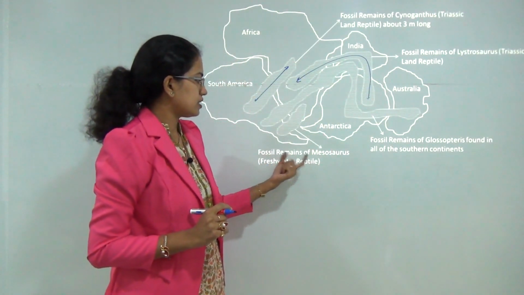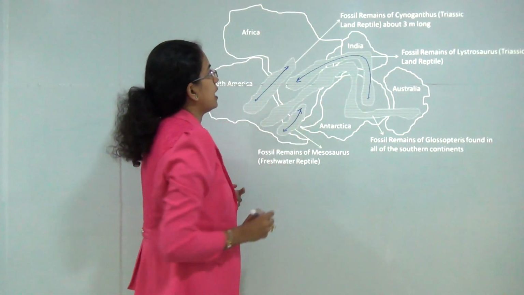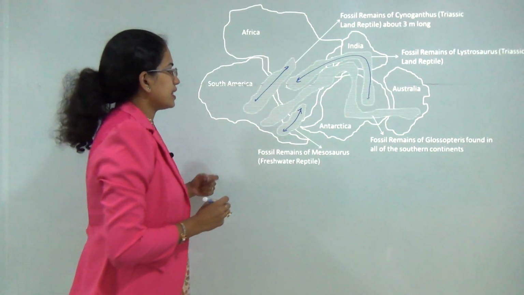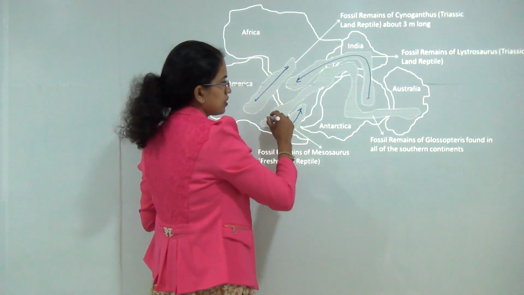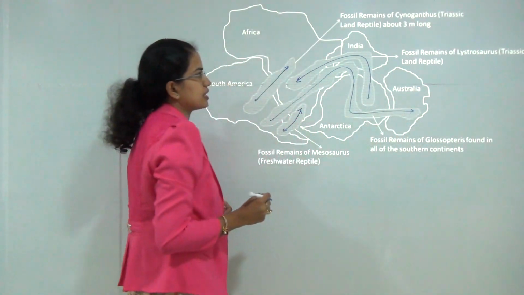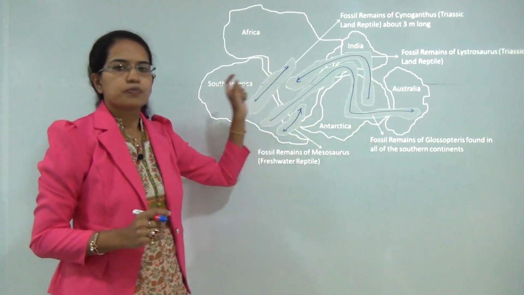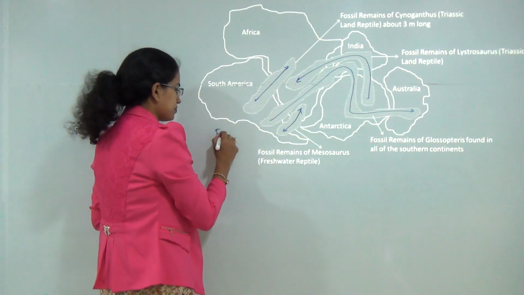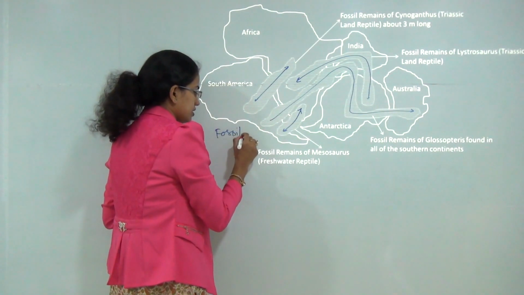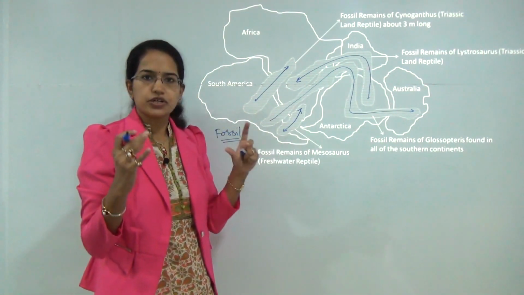You had similar remains of Mesosaurus in South America and South Africa, and then you had similar fossils of Glossopteris, which are common in Australia, Antarctica, India, Africa and South America. These were some of the fossil evidences that suggested that these landmasses at some point of time were together.